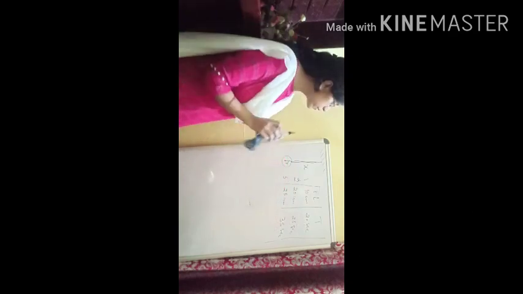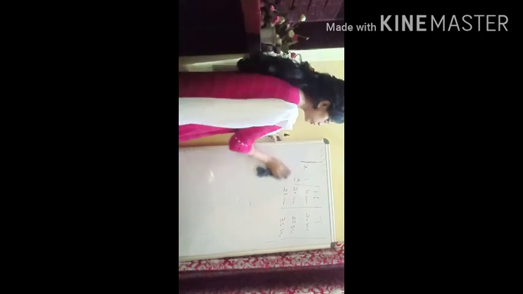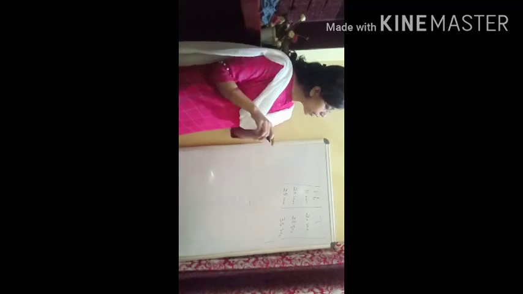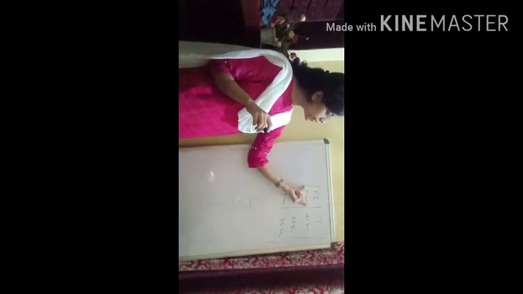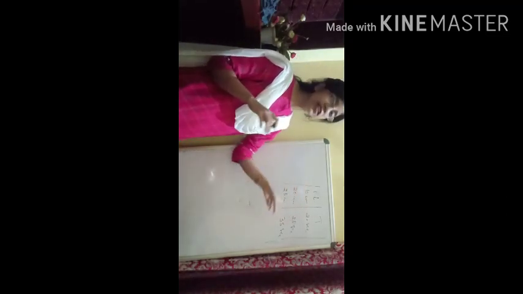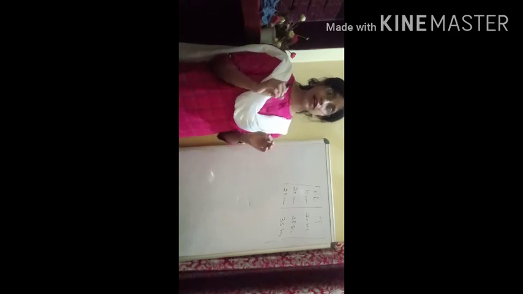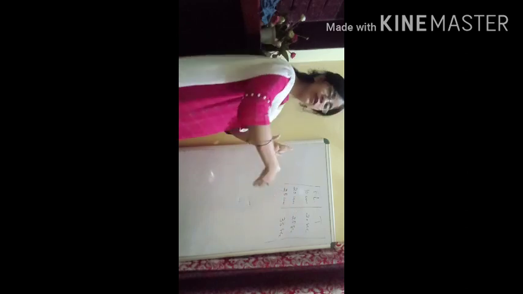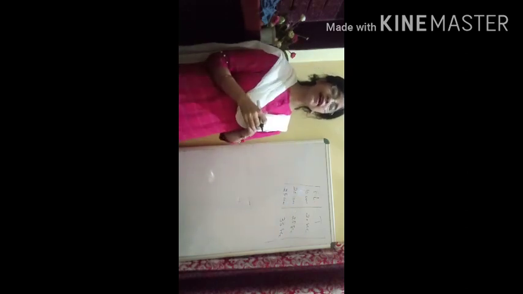Is it clear? Now I am going to write the conclusion. You see, whenever the length of the simple pendulum increases, the time period also increases. When we increase the length of the simple pendulum, there will be an increase in the time period as well.